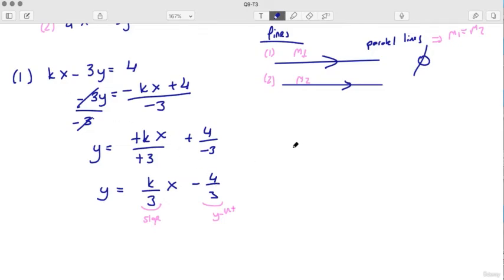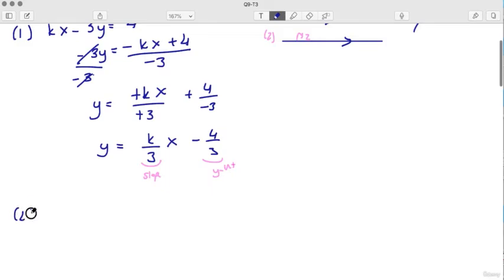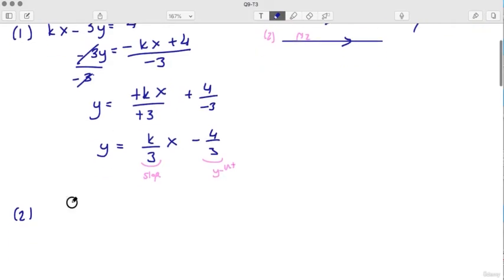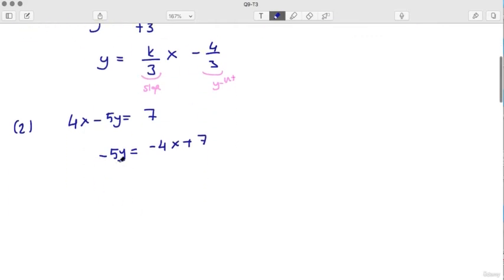I'm going to do the same thing for the second line. That's the equation: 4x minus 5y equals 7. I'm going to try to be quicker. We have minus 5y. Take 4x from both sides, so these cancel. I want to get y alone. Divide both sides by negative 5.